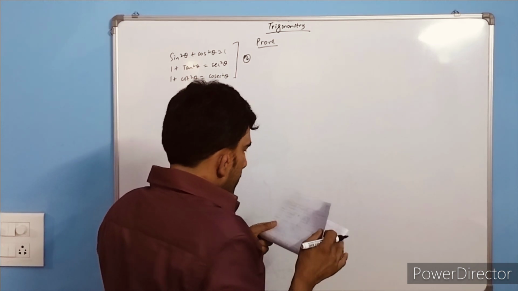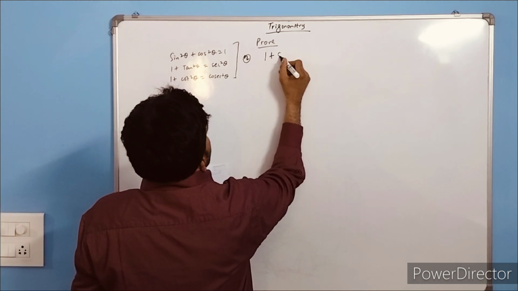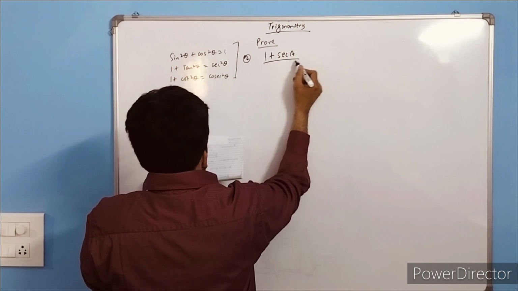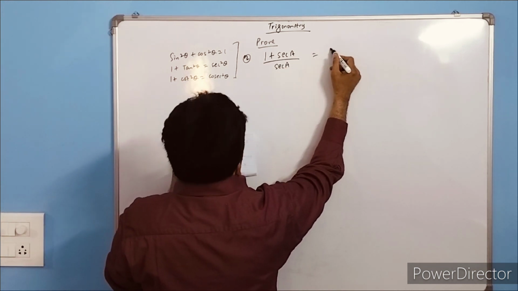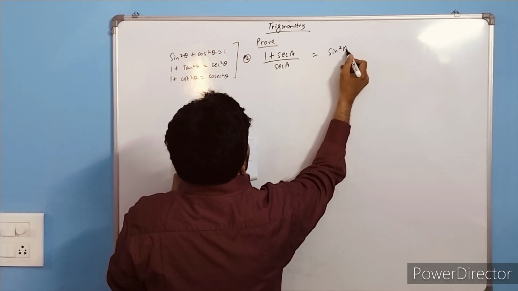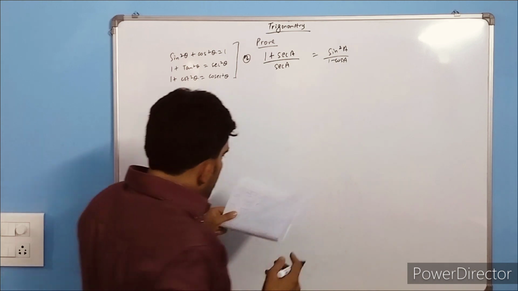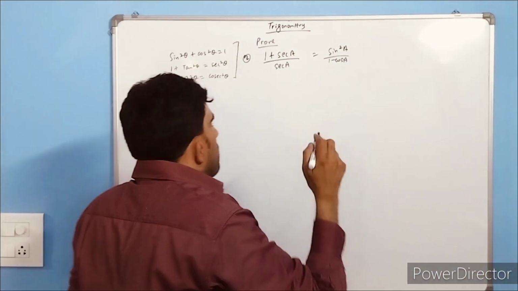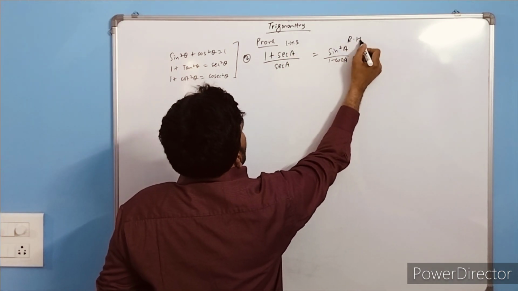The third numerical we will take first, that is (1 plus sec A) upon sec A is equal to sin square A upon (1 minus cos A). Okay, that is what we need to prove. That is given in LHS and RHS.